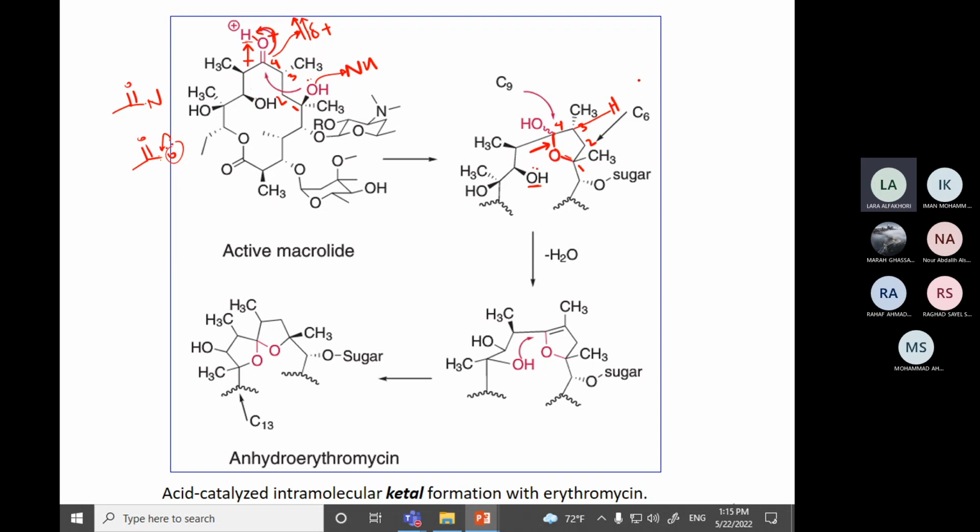Any basic molecules in the mixture, such as even the water molecules themselves, can abstract that proton and this bond breaks, the OH leaves, and a double bond forms between carbon 3 and 4, which will make carbon 4 even more electrophilic, subject to attack from the nucleophile on this carbon. Okay, yes. Excuse me. Now the bond that breaks is the pi bond between carbon 4 and the oxygen. In return for the bond that will form between the oxygen that is on carbon 1 and carbon number 4. So if we go back to the structure, that's the new bond that is formed, and the double bond that was between this carbon and this oxygen is the one that broke. Okay?